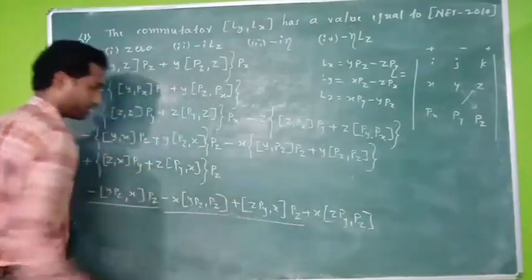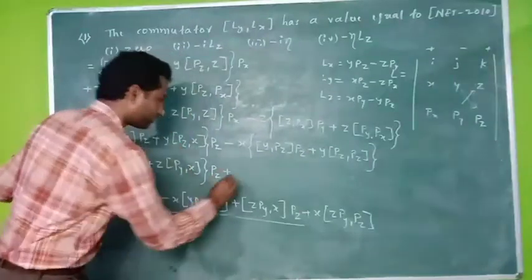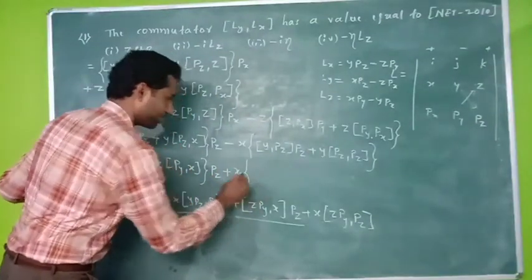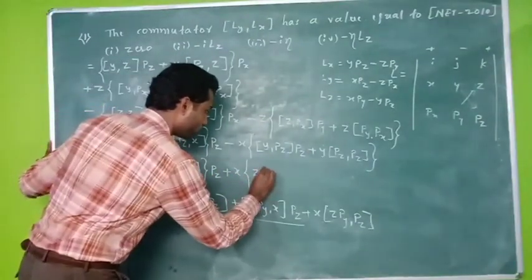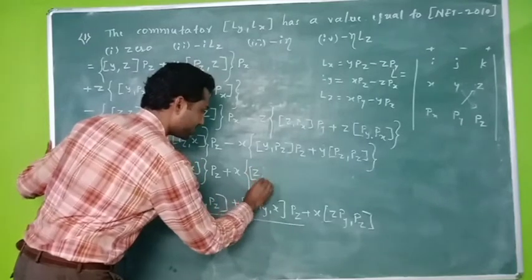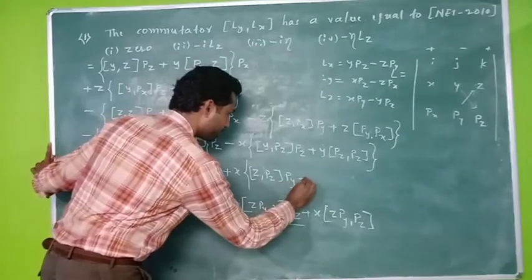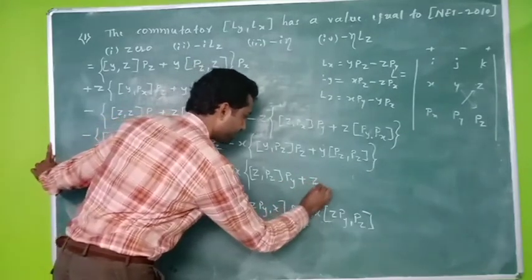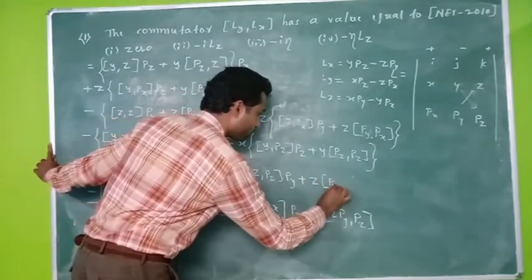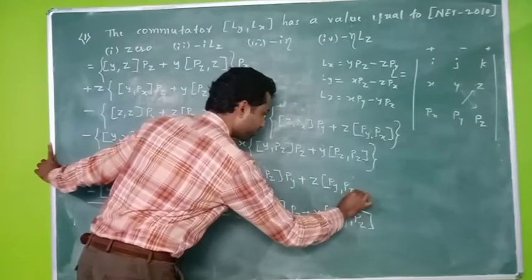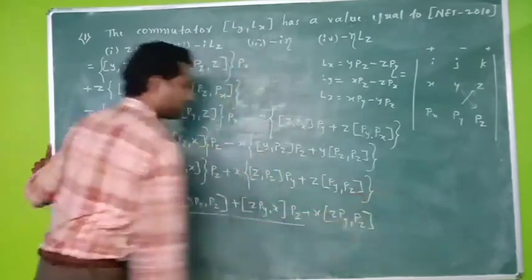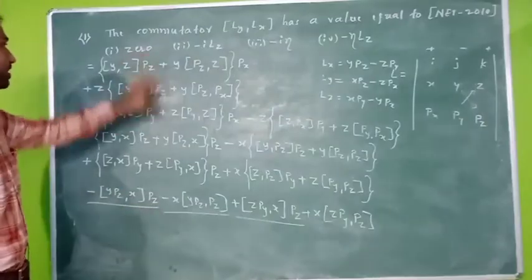Plus x, within a bracket, z times the commutator of z and pz multiplied with py, plus z times the commutator of py and pz. So this thing is expanded like this.